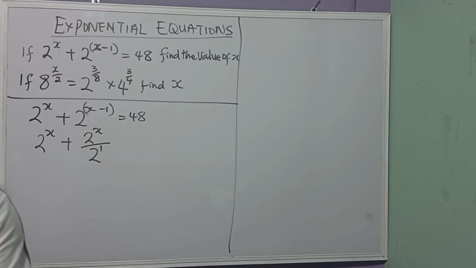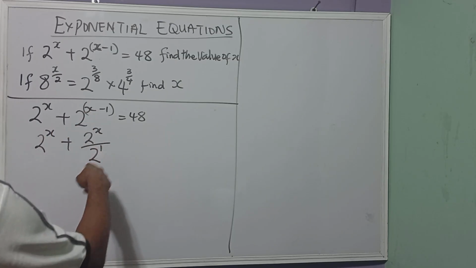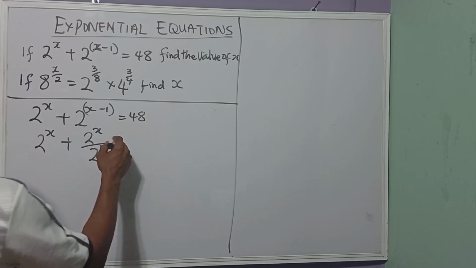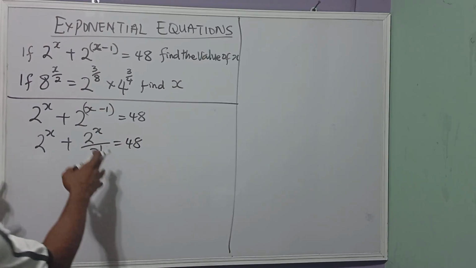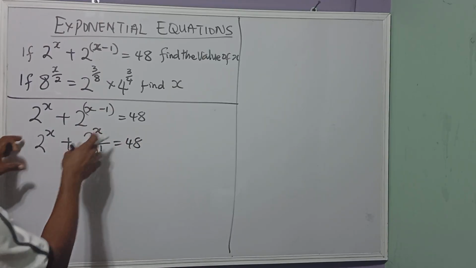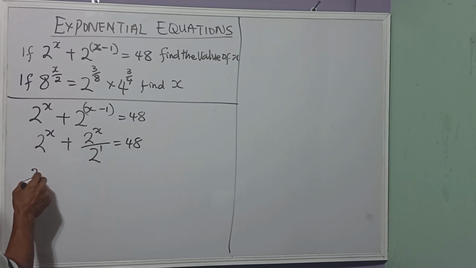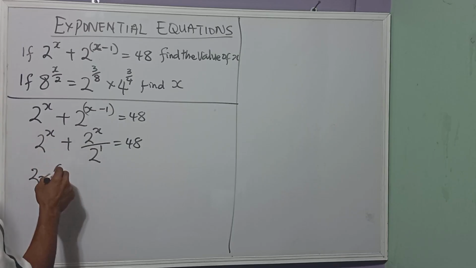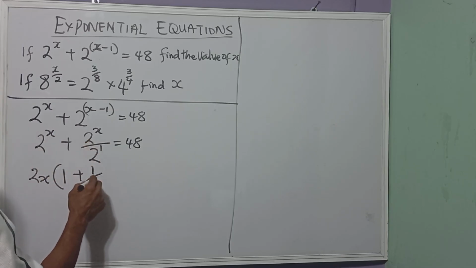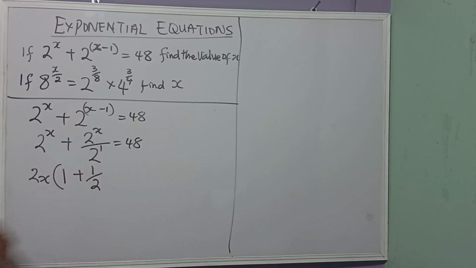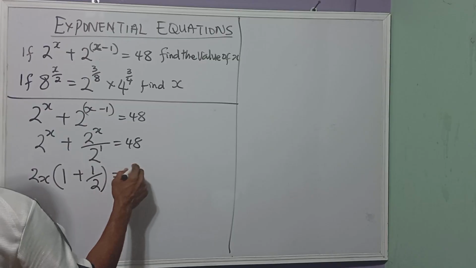We know that 2 raised to power 1 is 2, so we can leave it at that, equals 48. Now we can factorize this. What's common here is 2 raised to power x, open bracket, 1 plus 1 over 2, equals 48.